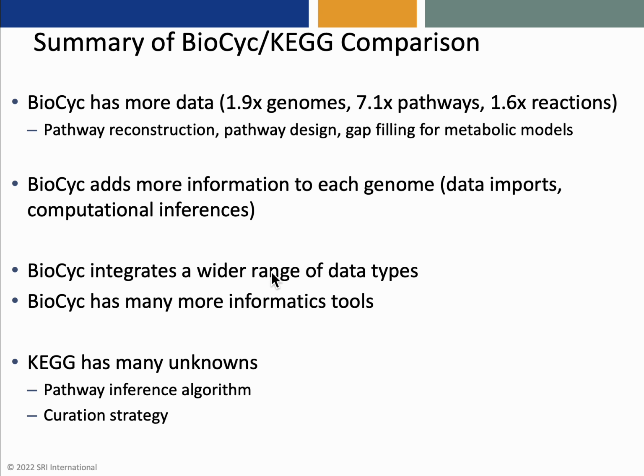We also saw that BioCyc has many more informatics tools than KEGG does, from the circular genome browser, the comparative genome browser, and the ability to animate omics data displays on metabolic network diagrams. We've also seen that KEGG has many unknowns, that there's not a published description of its pathway inference algorithm or its curation strategy, which makes it hard to understand how KEGG is being created.